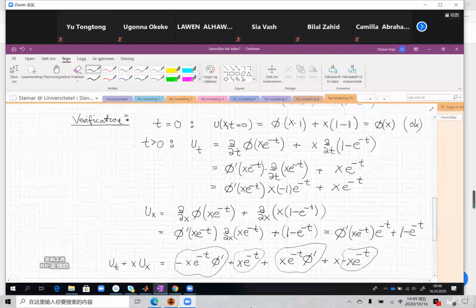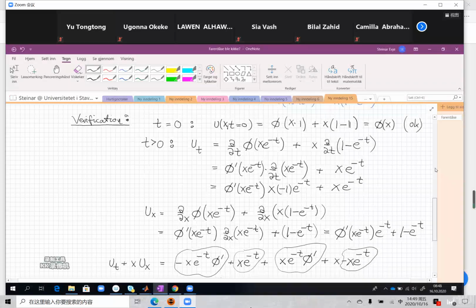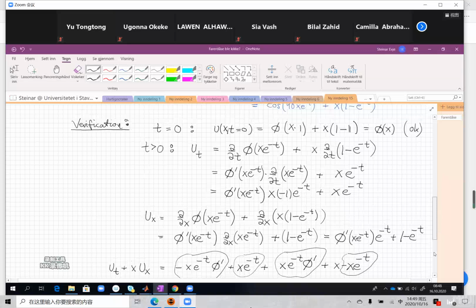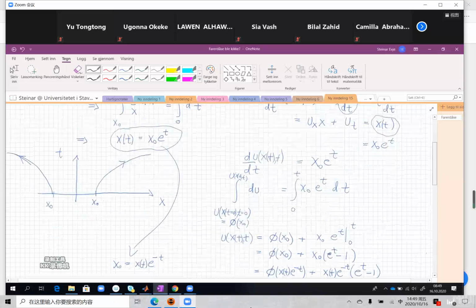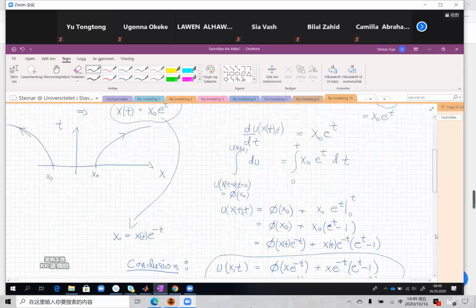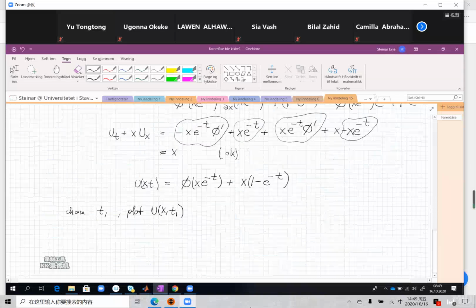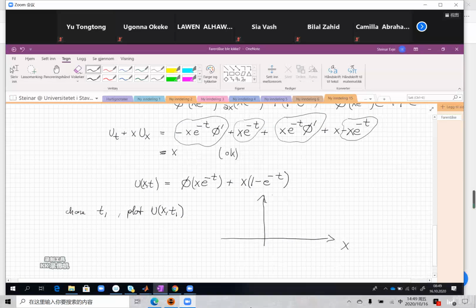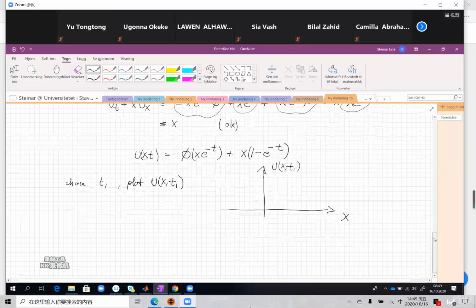The characteristics are in xt space, but the plot of a solution for a fixed time will typically be x along this axis, and then u(x,t1) for some time t1 along the second axis. So we will demonstrate this very soon using MATLAB.